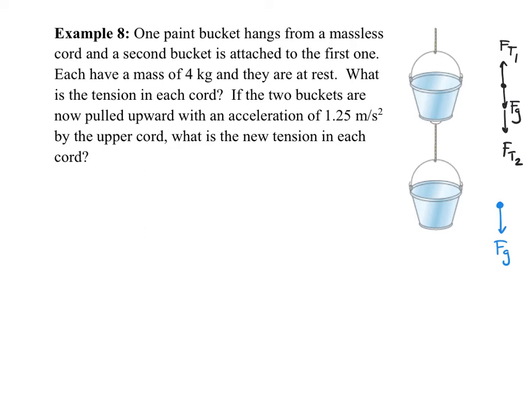And what am I going to label that upward force? What's pulling directly on the bucket? The rope. Which is called, what kind of a force? A tension. So FT3 maybe? Interesting, right? It's actually FT2.